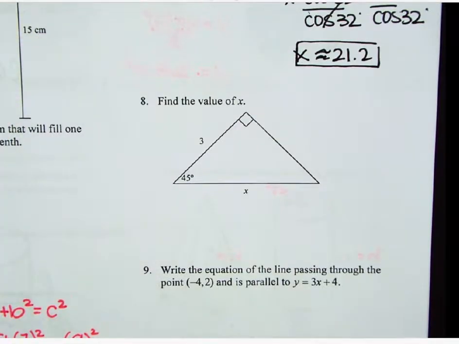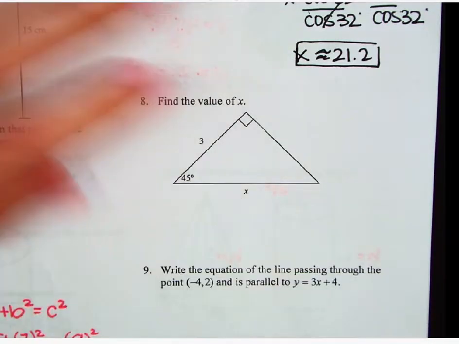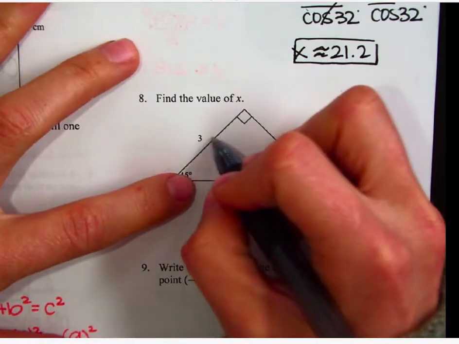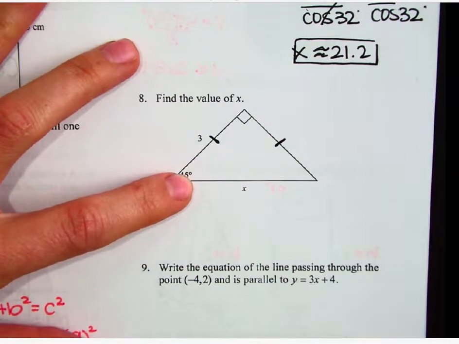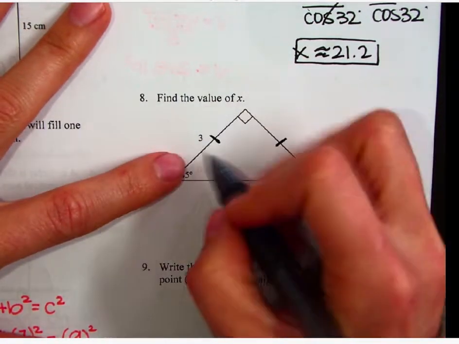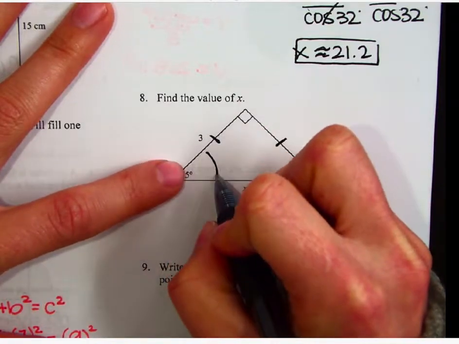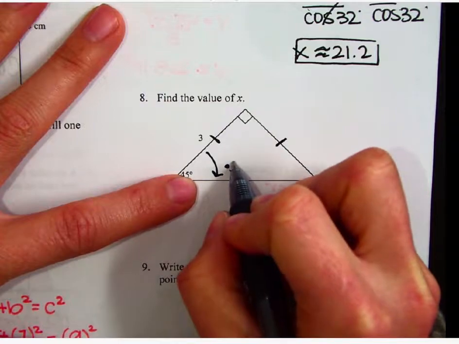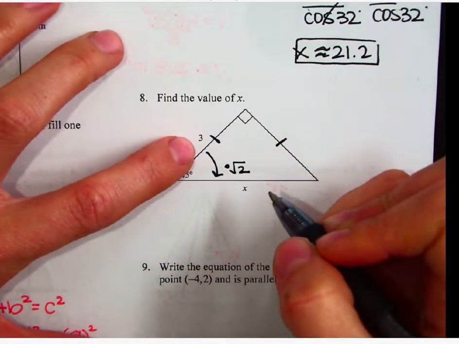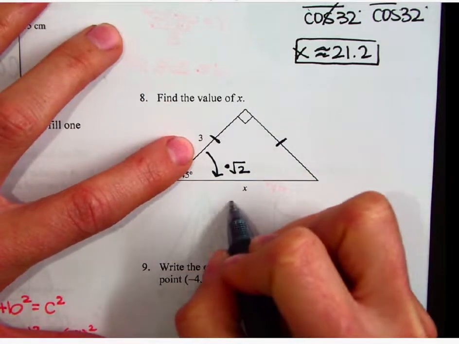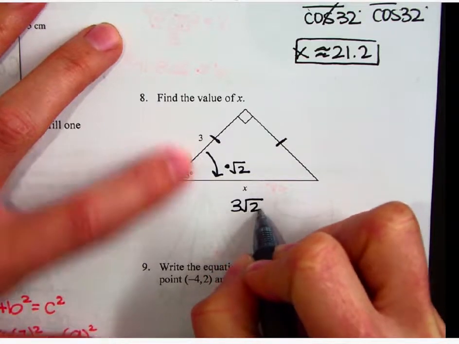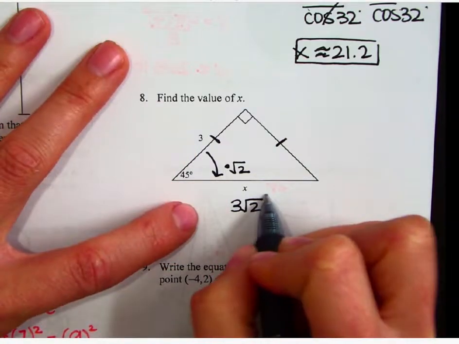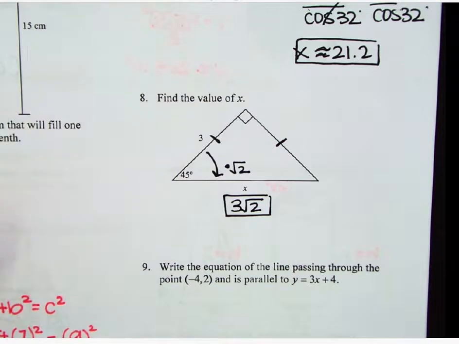And number 8, we're looking at a 45, 45, 90 triangle where we have special rules that say the lengths of the legs are congruent, and the length of the hypotenuse is the leg length times square root 2. So if I know that the length of the leg is 3, then the hypotenuse is 3 times square root 2, or 3 square root 2.